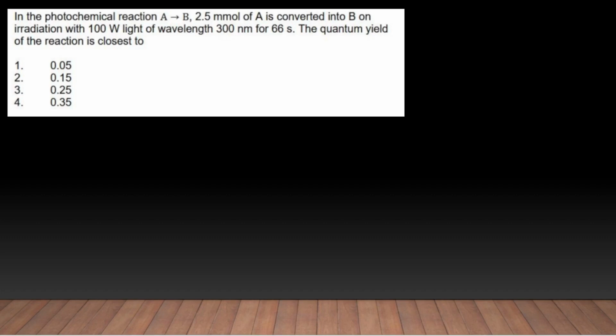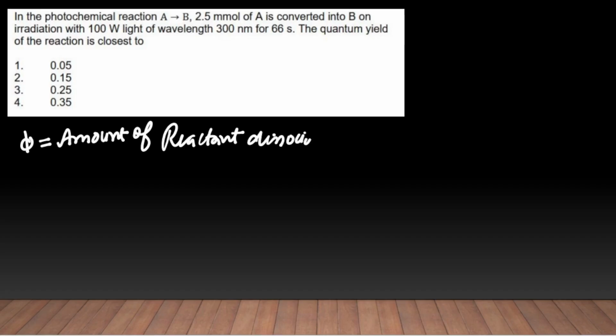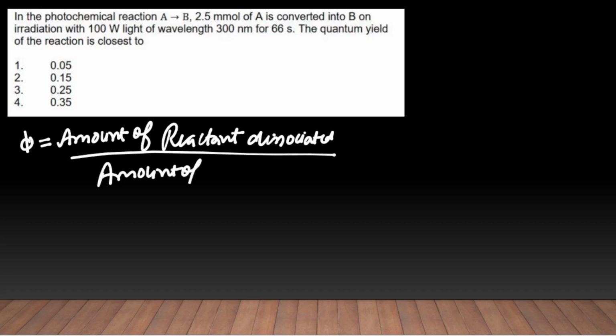So the quantum yield we define as the amount of the reactant dissociated to the amount of photons. Now the amount of the reactant that is dissociating is given: 2.5 millimoles of A is converted into B.